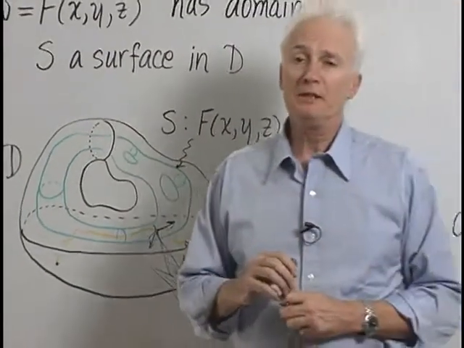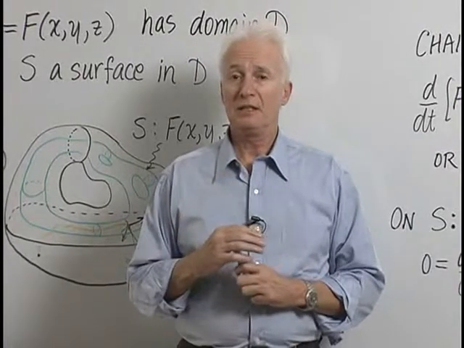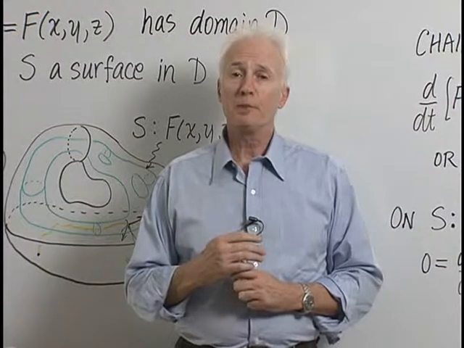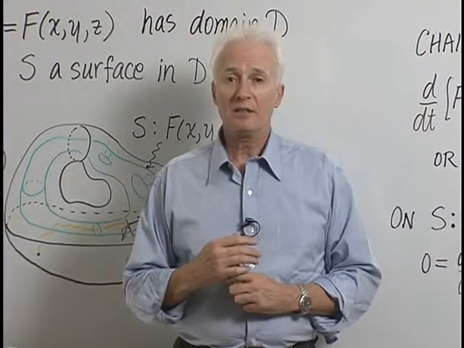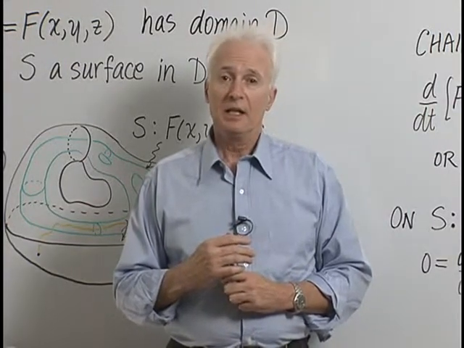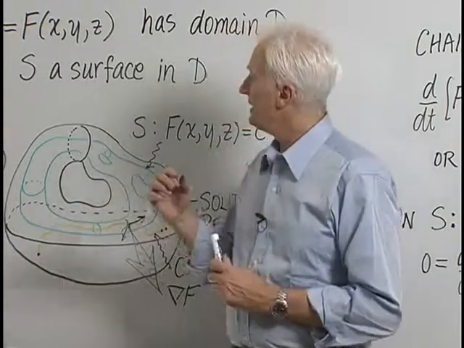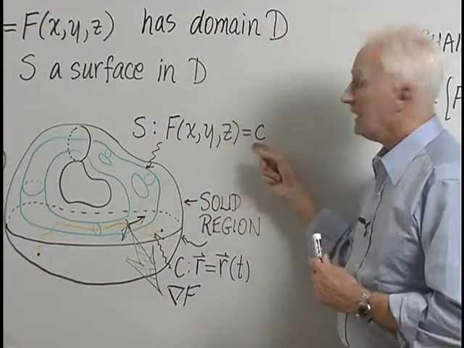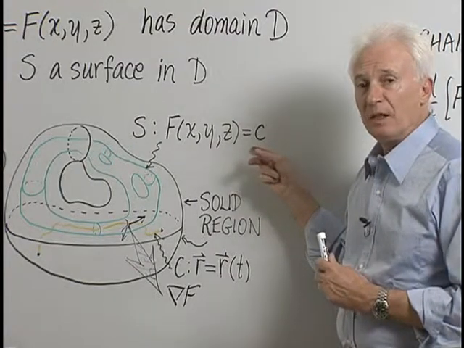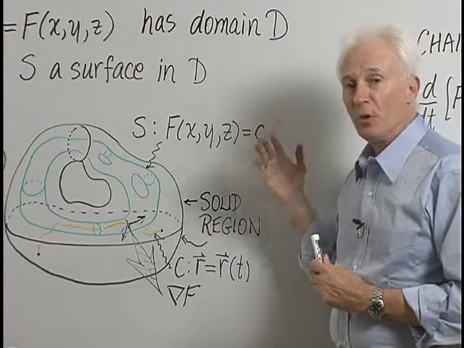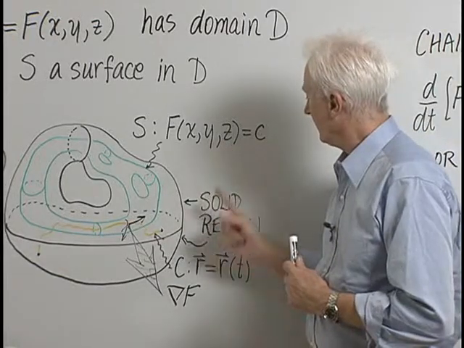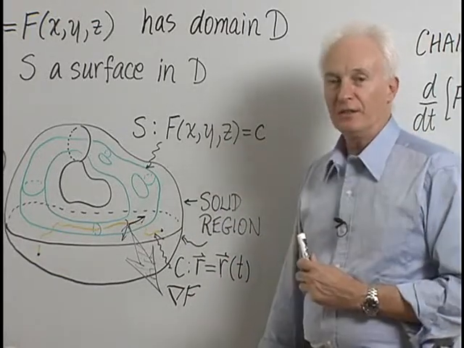So what we've reasoned is that the gradient vector itself has to be perpendicular to every vector tangent to the surface. In other words, whenever I take a surface of the form F of x, y, z equal constant, if I want to get a vector which is normal to the tangent plane to the surface at a particular point, the gradient vector does it for me.